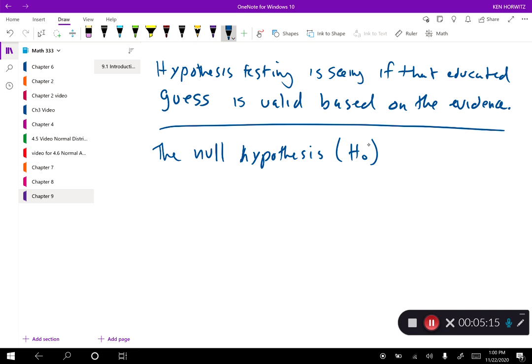And this is defined as the null hypothesis states that there is no difference between the parameter and the specific value.